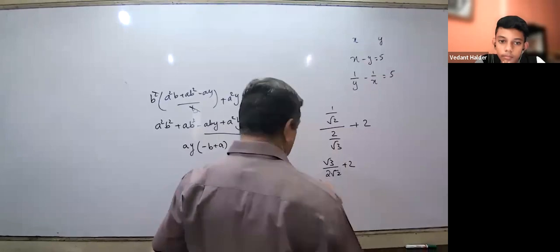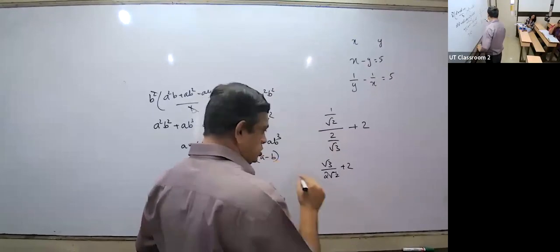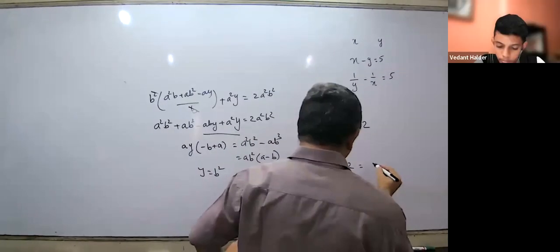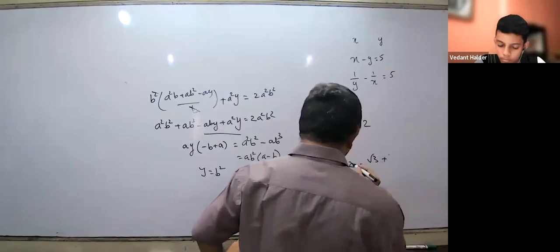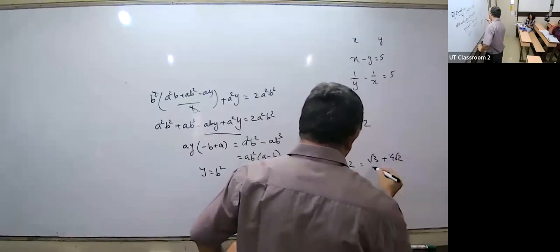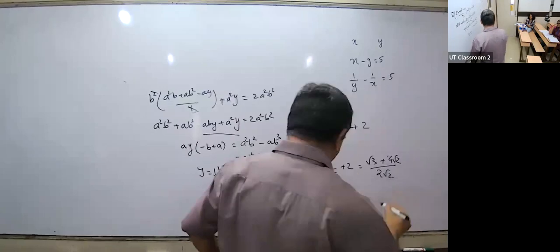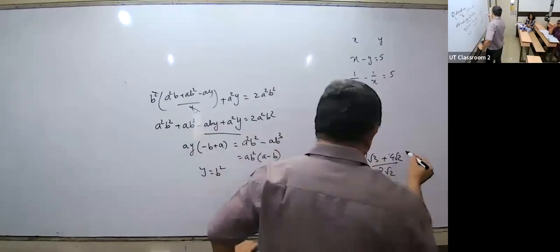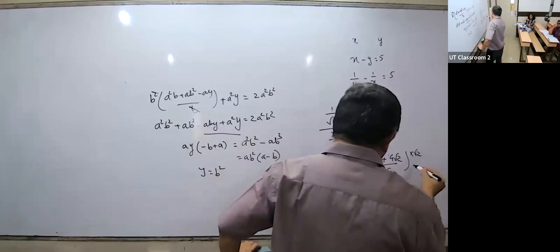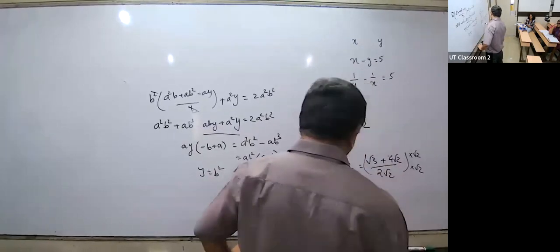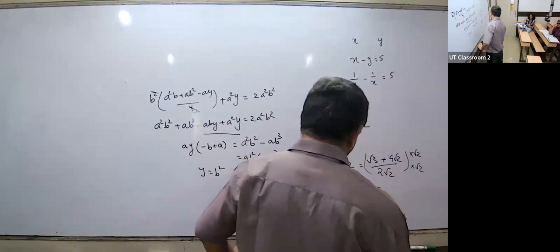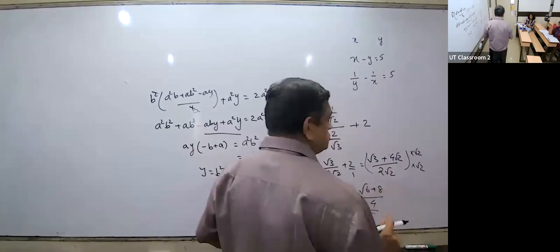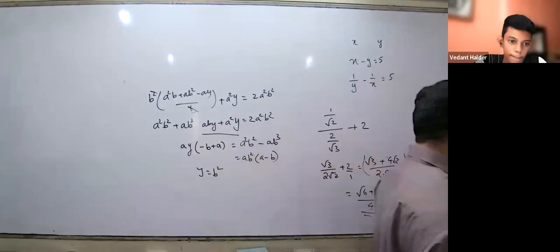Understood or not? Yes, sir. LCM: root 3 plus 4 root 2 divided by 2 root 2. Then multiply by root 2, rationalizing. That is equal to root 6 plus 8 divided by 4. Is it clear? Yes, sir.